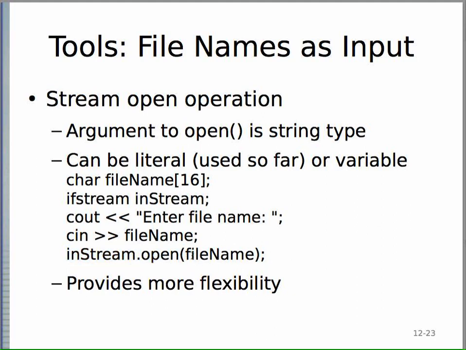So this is a way of asking the user to tell me where the file is, and I will open that file, rather than just using a literal constant as we did in our example program and as shown in the examples here. So this gives us more flexibility in that now we can have the user specify where the file is.